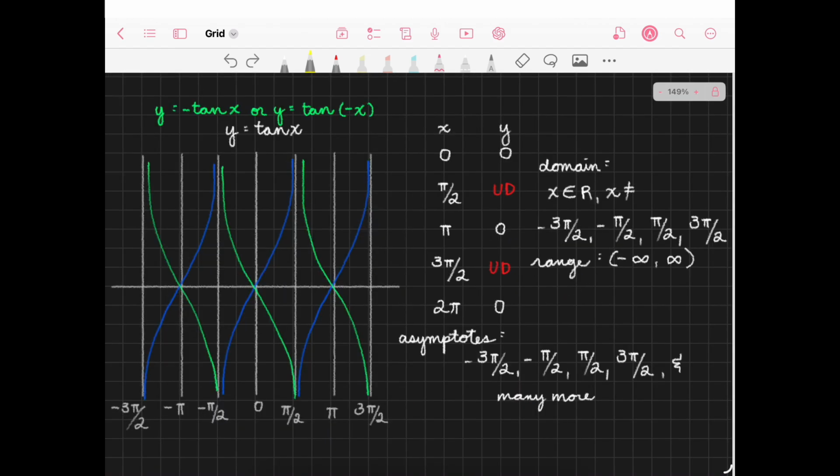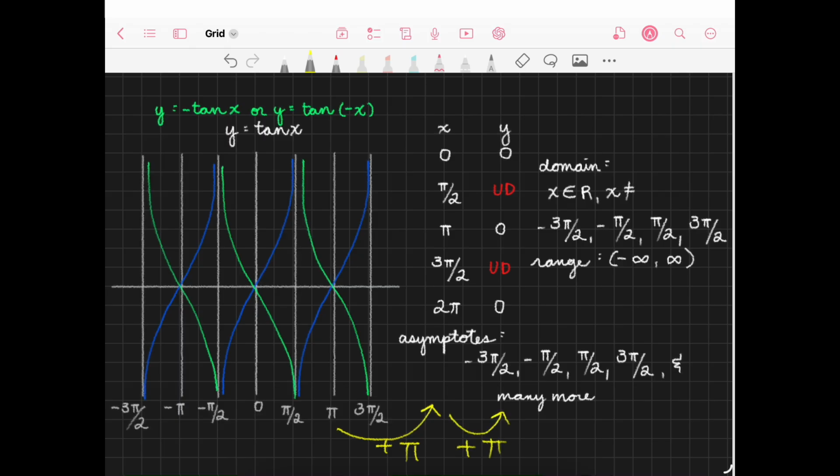Before I end this, I would like to briefly discuss the graph for tangent x. As you can see here, when we plug in our values of x, we have a pattern of 0, undefined, 0, undefined, and 0. So the only zeros that we have, the only y equals 0 we have are pi, 0, and pi, followed by another pi, and then so on.